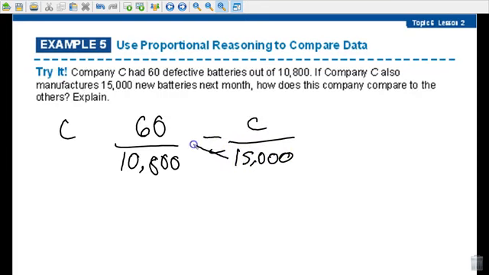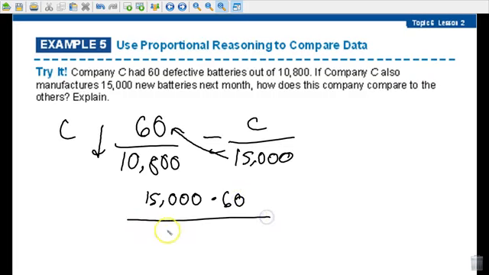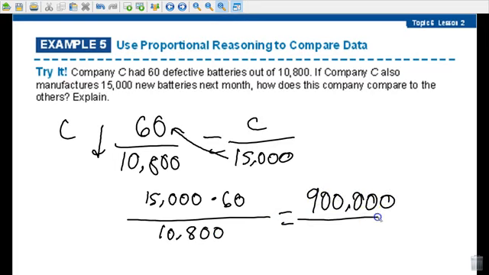Okay, so you should have done 15,000 times 60 divided by 10,800. So let's write it out again. 15,000 times 60 divided by 10,800. For 15,000 times 60, we get 900,000, divided by 10,800.